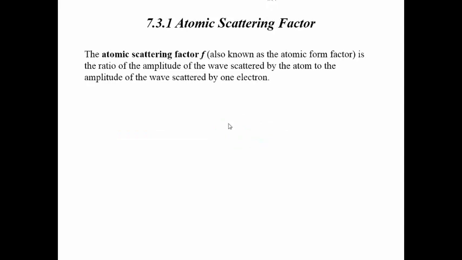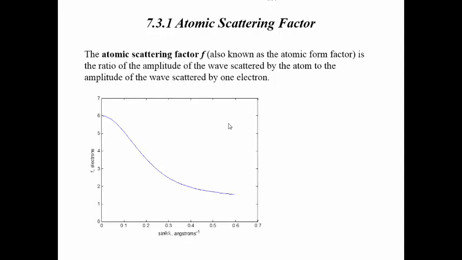The atomic scattering factor, known also as the atomic form factor, is actually the ratio of the amplitude of the wave scattered by an atom to the amplitude scattered by one electron. So we will see that at position 0, this is carbon. Carbon has 6 electrons, so it's adjusted so that the maximum here is at 6.